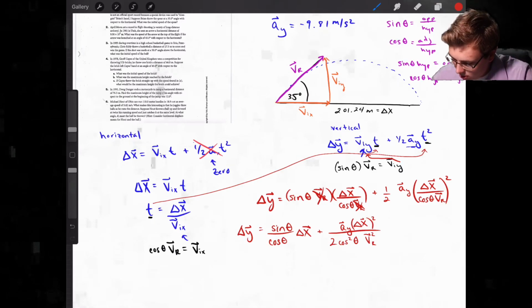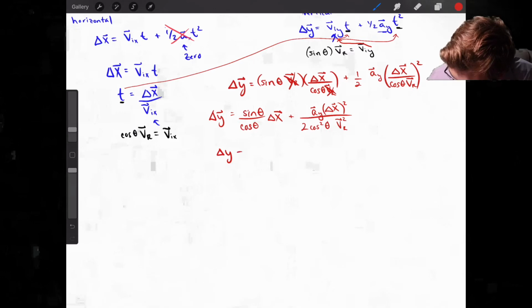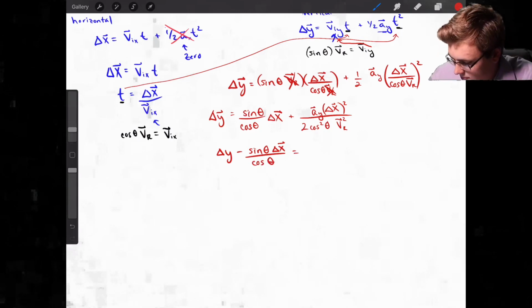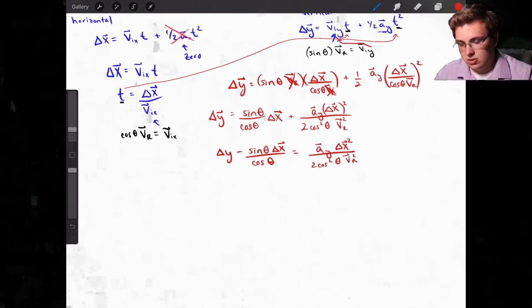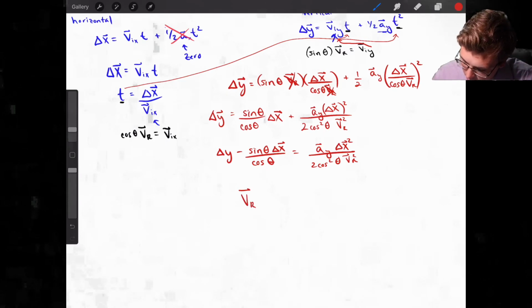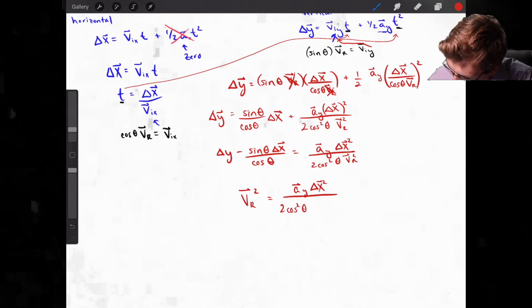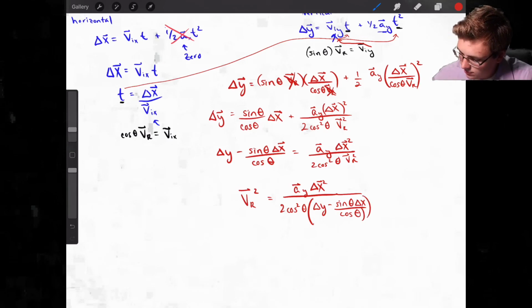Now if I rearrange that even more and do more algebra, I get v_R squared equals a_y delta x squared over 2 cosine squared theta times delta y minus sine theta over cosine theta delta x.